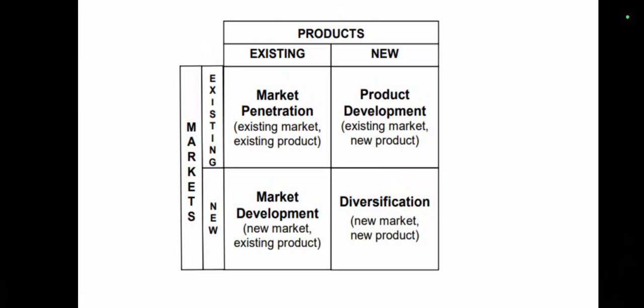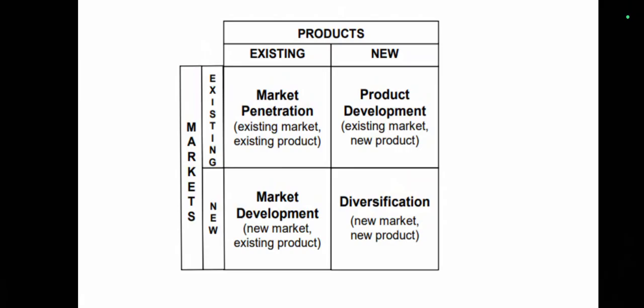The product is already there, and you are selling it in a certain part of a city. Let's say in your city you are manufacturing a water bottle and selling it in your city. Now you want to expand: the product is already there, you just want to expand the market and go into a new market, then it is called market development.